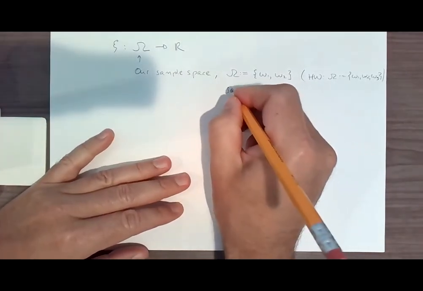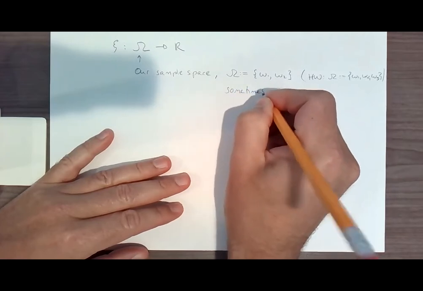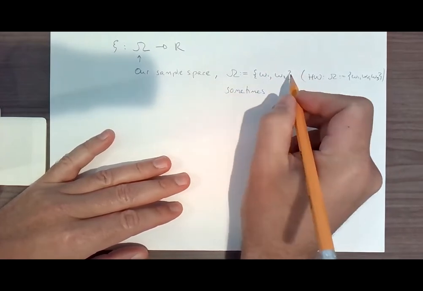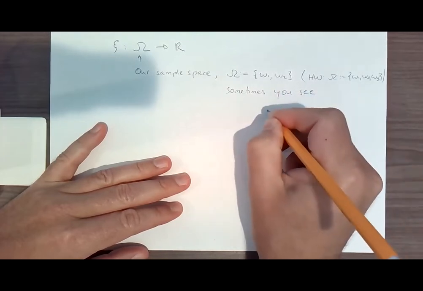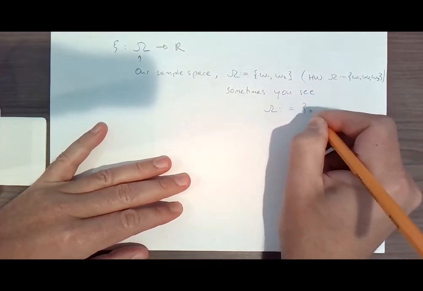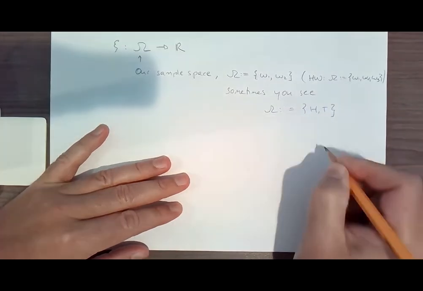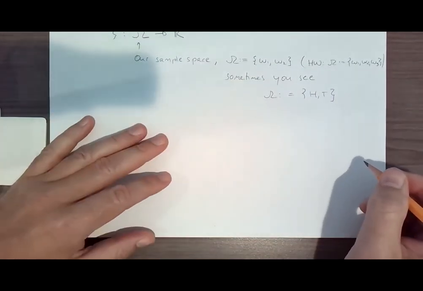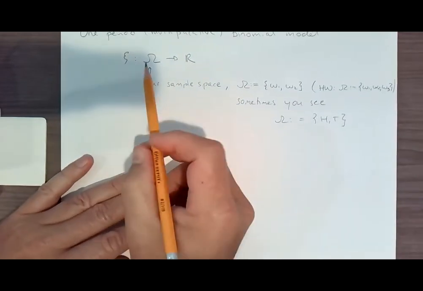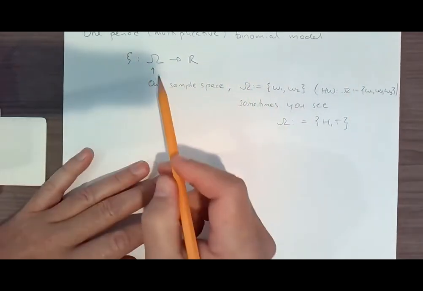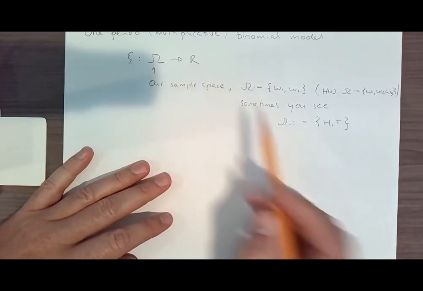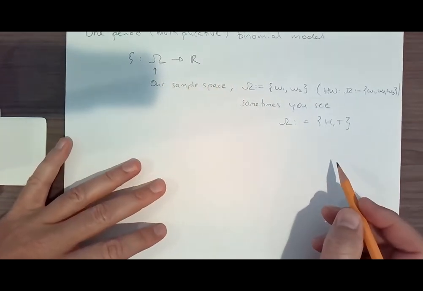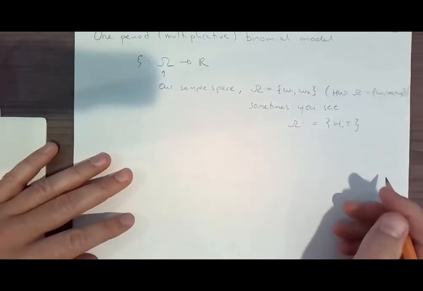Sometimes, instead of omega 1 and omega 2, you'll see that omega is heads and tails. So we have a random variable. It's a function with domain omega and codomain R, and it has a distribution.